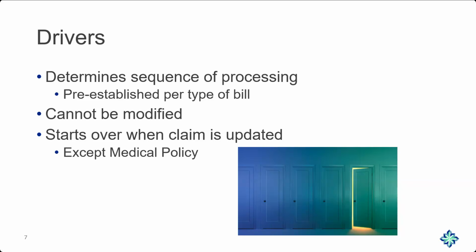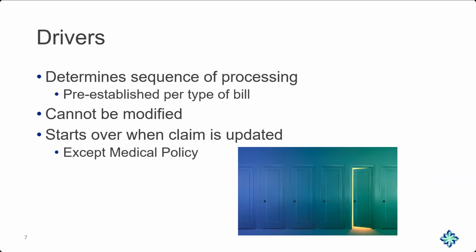So I hope that kind of elementary explanation will give you a better understanding, help you visualize the concept, to make sense of why your claim may hit an edit. You fix it only to have it kick out for something else the next day. Like, why couldn't it just give you all of the reason codes at once so that you could fix everything?